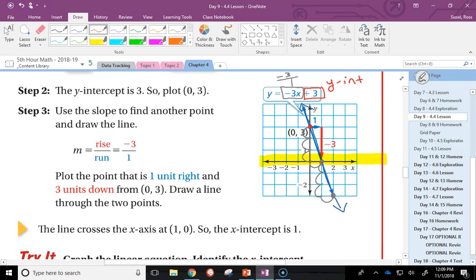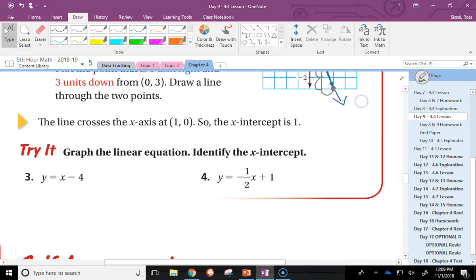It's 1, what? You're right. That's on the x-axis. It's over 1. And then what's the y? Right? 0. We did not leave. Remember, x-axis, our x-intercept will not leave the x-axis. So, the line crosses at 1, 0. The x-intercept is 1.